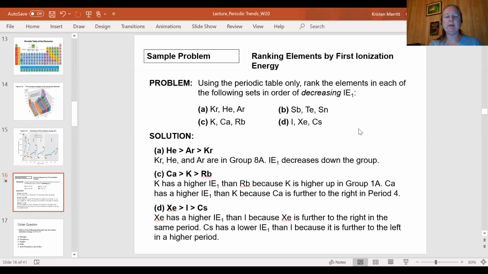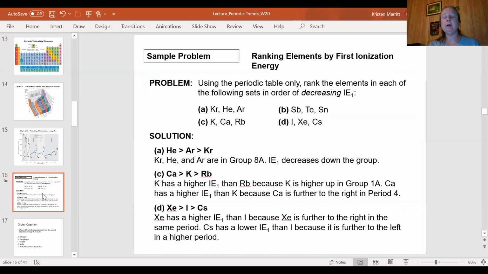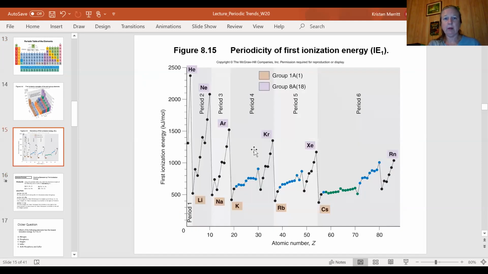So if we're going to rank these, we have krypton, helium, and argon. Here's krypton, helium all the way at the top, and argon. The larger your element is, the easier it is to remove an electron. So krypton will have a lower ionization energy than argon, which is lower than helium. Now, none of these are going to have low ionization energies because they're all noble gases.